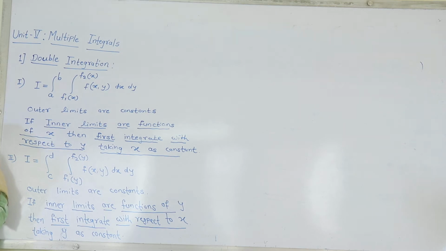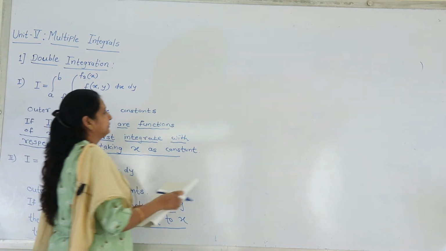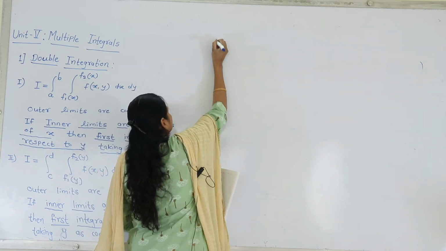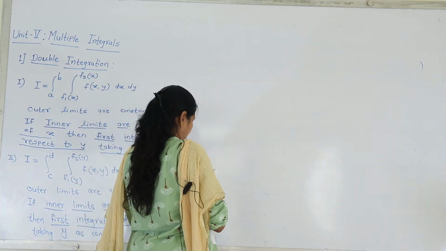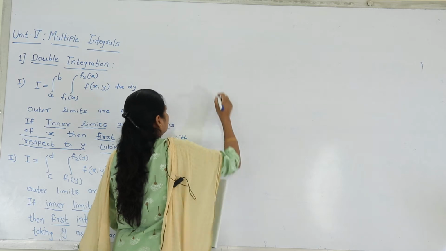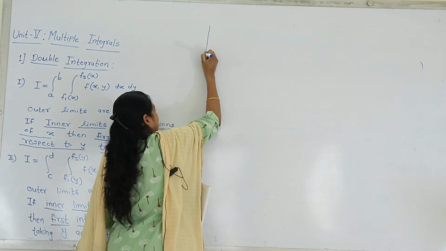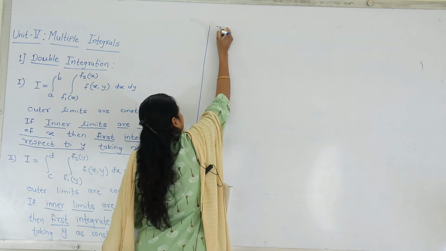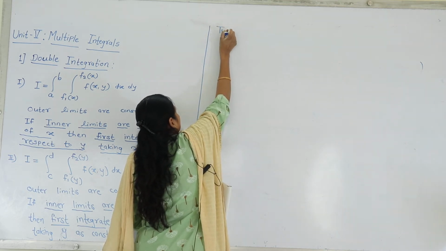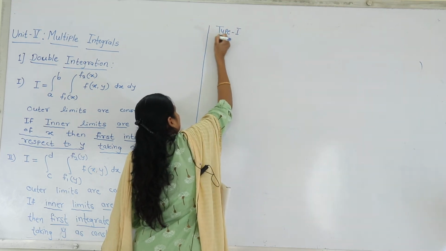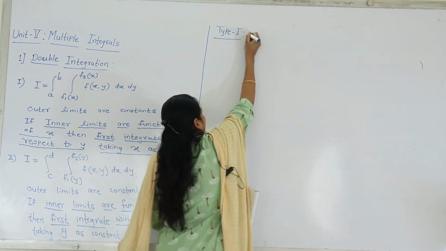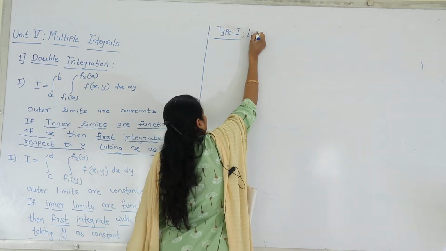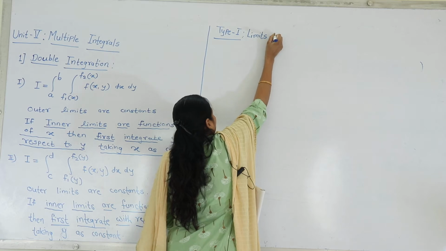Now for example, type 1 in double integration, where limits are given.